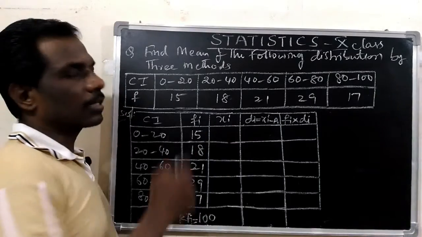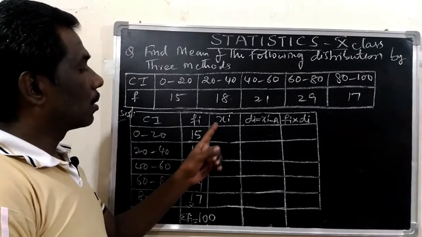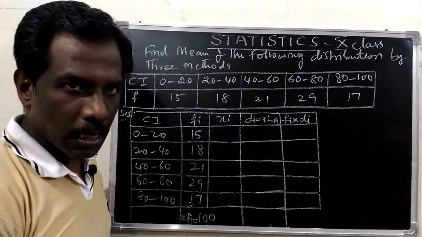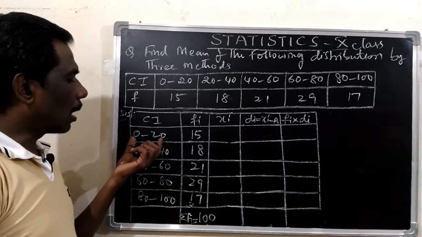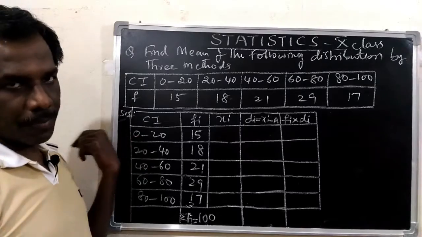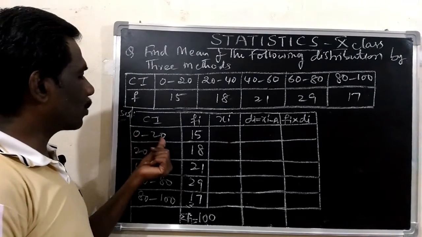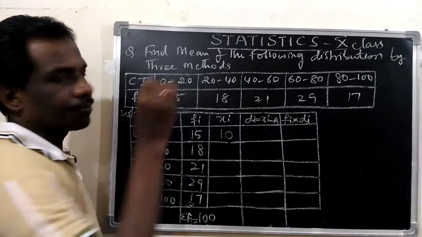Next to find xi. This is called the mid value. I told you already how to find the mid value. First we add the lower limit and upper limit. 0 plus 20 is 20, half of 20 is 10.